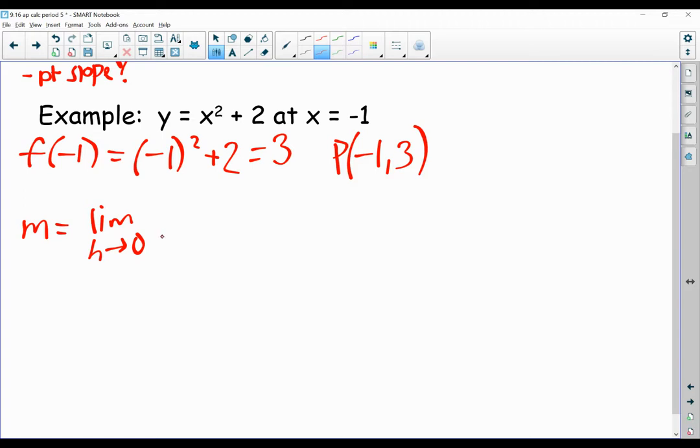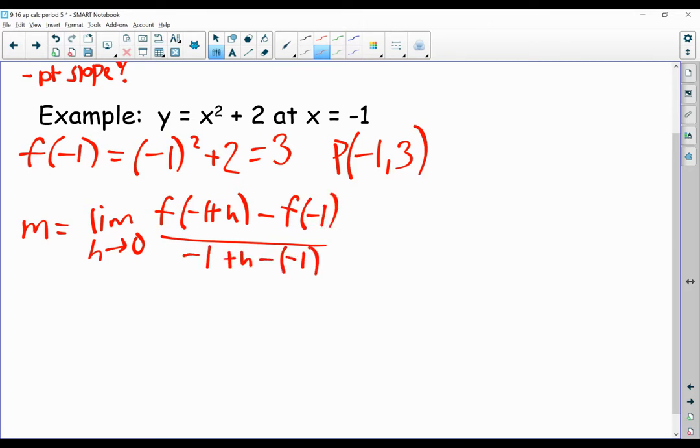So what we're going to do is find the slope between -1 plus h and -1. So I'm picking a point at -1, and then I'm picking a point at -1 plus h, and then I'm putting them in. So this is the definition of the IROC.